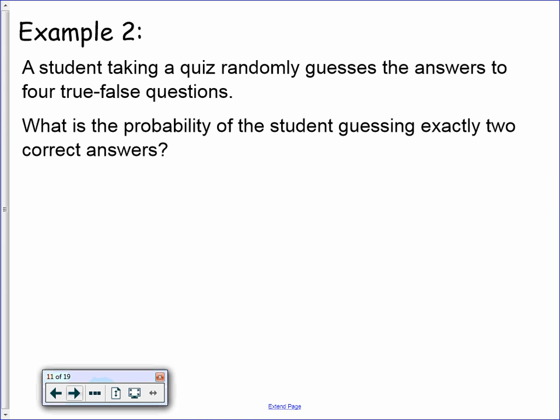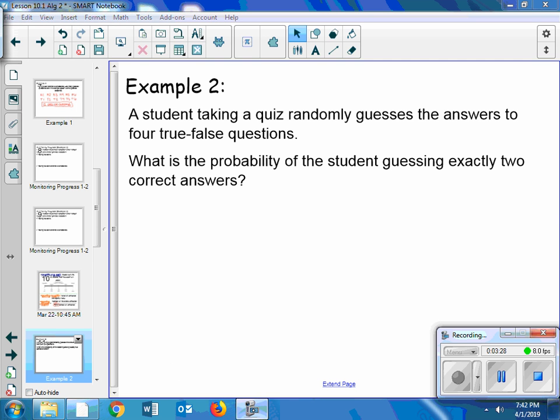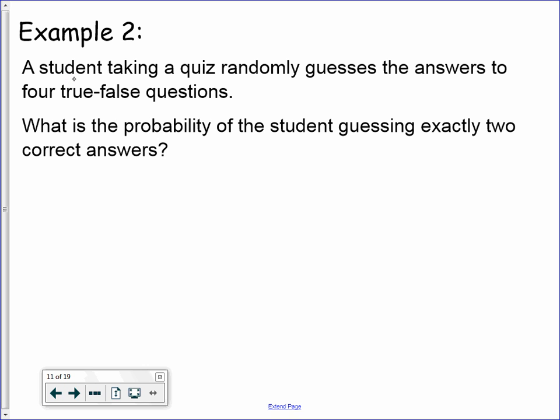So in this case, we have a student taking a quiz, randomly guessing the answers to 4 true or false questions. What is the probability of the student guessing exactly 2 correct answers? So the first thing that I want you to do is list out all of the possible outcomes. So first of all, the student could get all 4 incorrect.